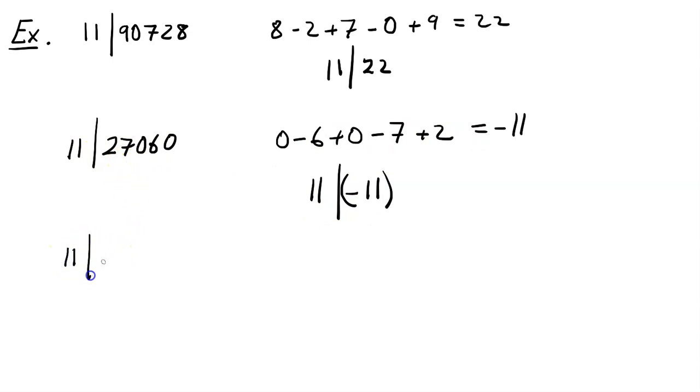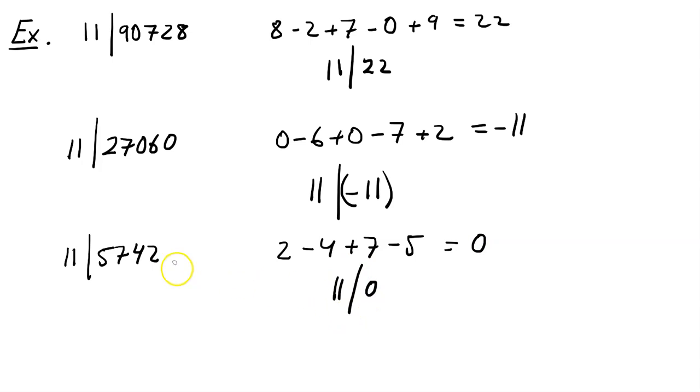Taking another example, 11 also divides this number, and that's because if you take the alternating digit sum, it's 2 minus 4 plus 7 minus 5. This is minus 2, this is plus 2, so this is 0. And 11 divides 0. So this means that it also divides this number.